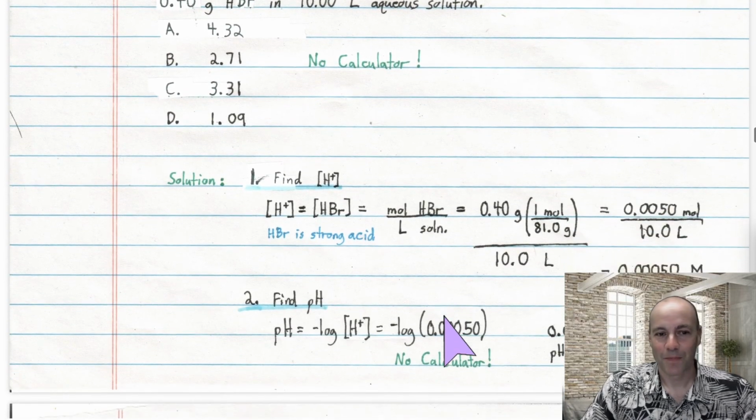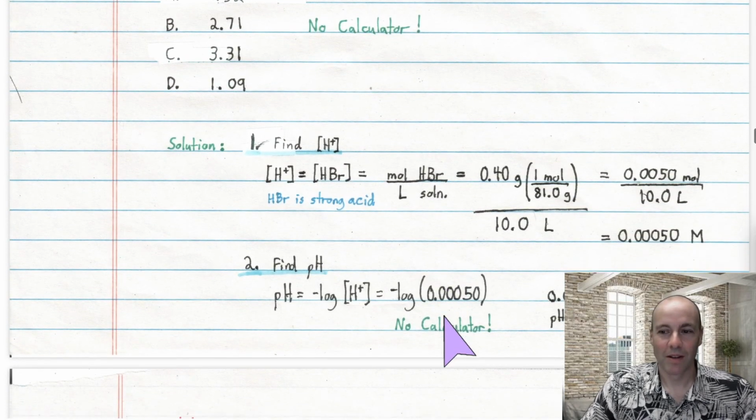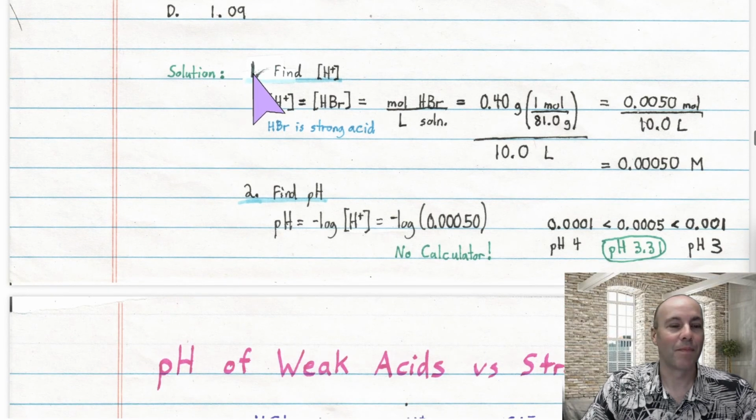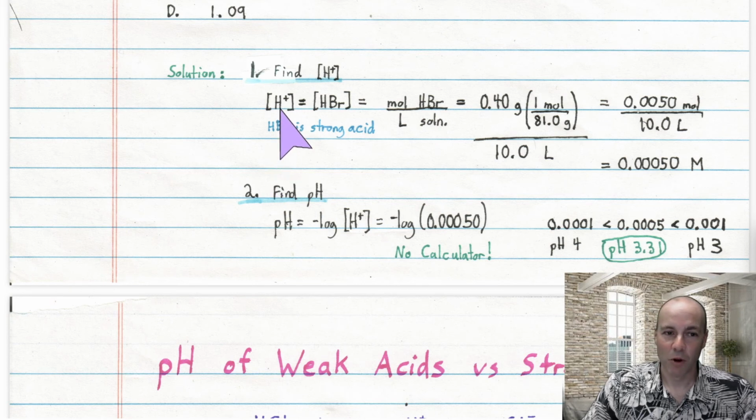Okay, so here's the solution. First, we need to find the proton concentration, and then we can calculate pH. Since HBr is a strong acid, the proton concentration is equal to the HBr concentration. So we can calculate HBr concentration as moles of HBr over liters of solution.